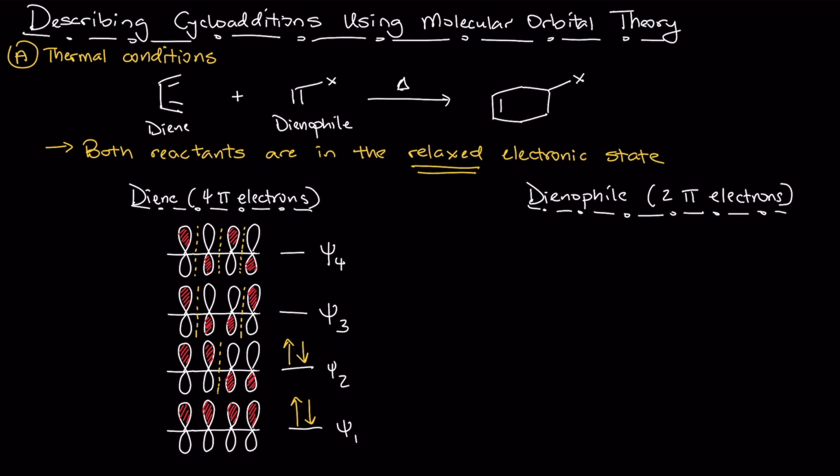Now let's look at our dienophile. In our dienophile, we are only dealing with two p atomic orbitals because we're just dealing with one pi bond in our Diels-Alder reaction. So we only worry about the molecular orbitals consisting of two p atomic orbitals, which means there should only be two pi molecular orbitals to worry about.